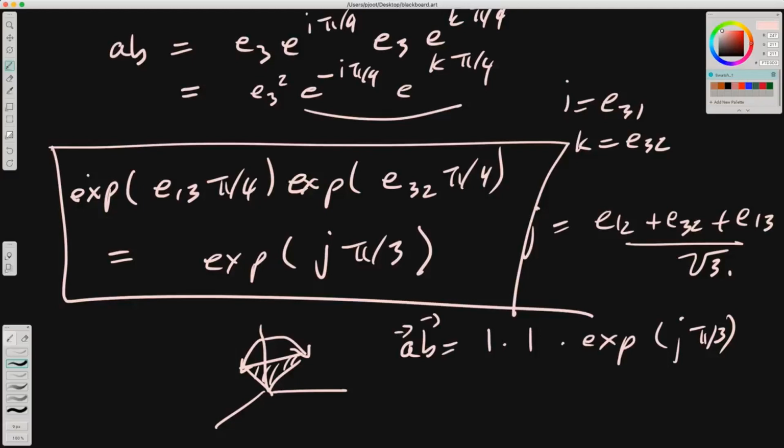One was in the E3-1 plane and one was in the E3-2 plane, or that's the ZX plane and the ZY plane. That's all for now.